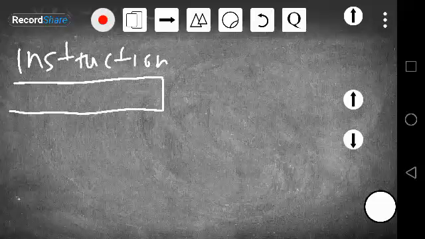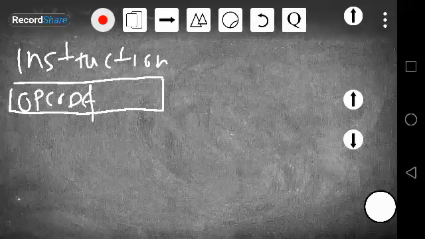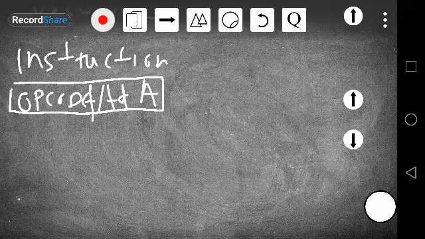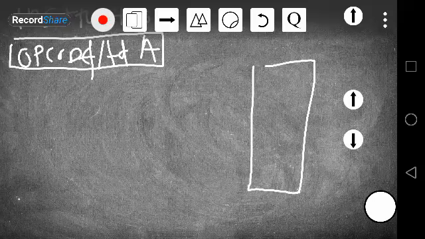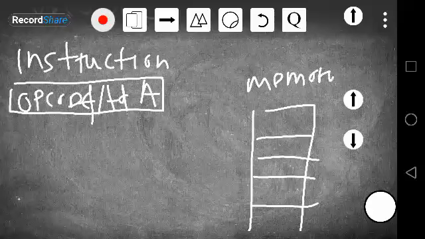We have our opcode and we have address A. And this is the memory.